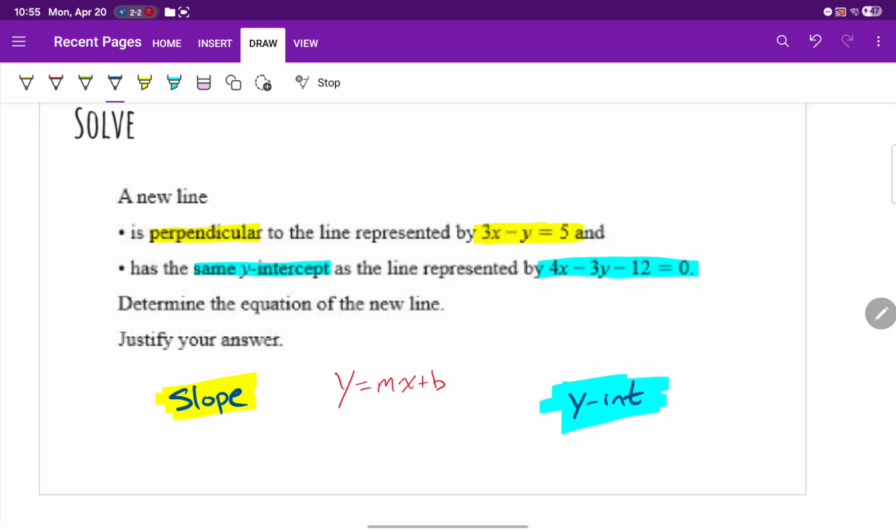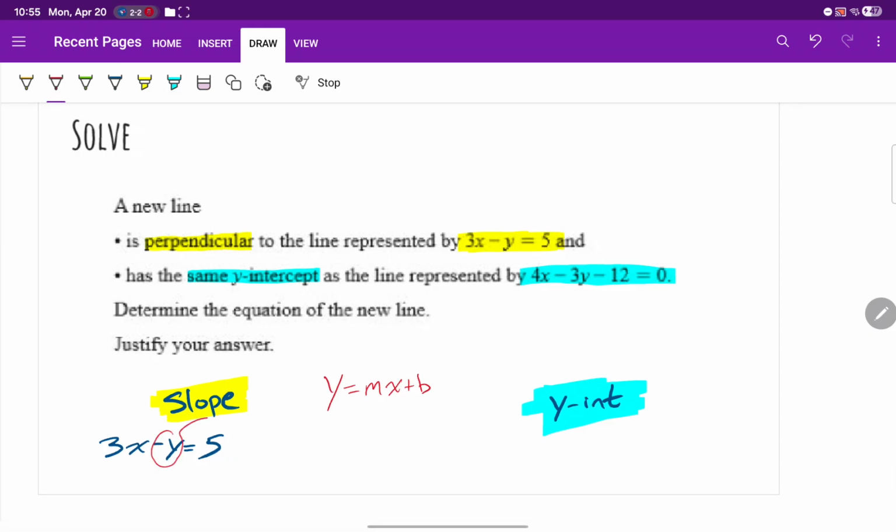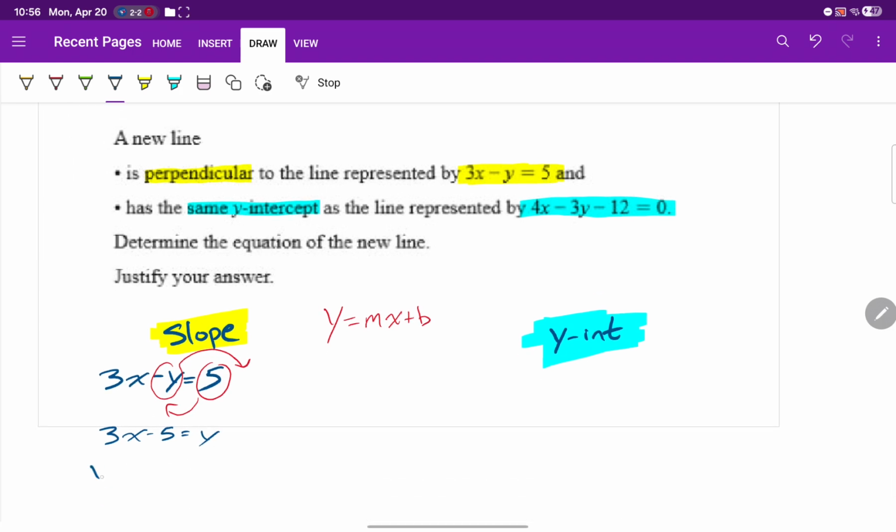The first equation is 3x minus y equals 5. I'm going to rearrange this. I'm going to bring my y to the other side, and at the same time bring my 5 to this side. And when I do that, I get 3x minus 5 equals y, or y equals 3x minus 5. Doing the same thing to the other one, I have 4x minus 3y minus 12 equals 0. This is a great question, by the way.